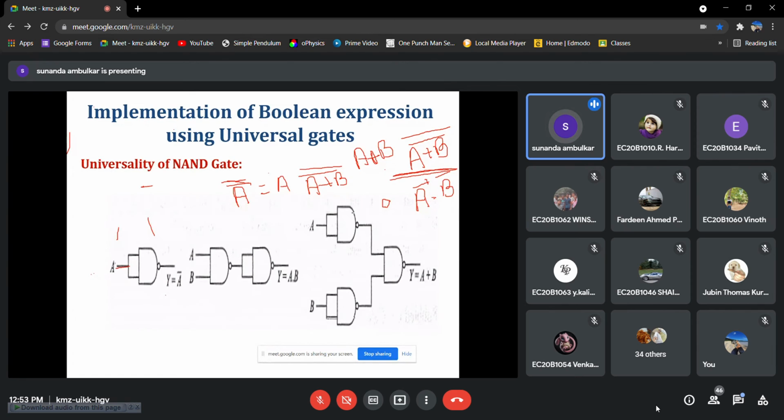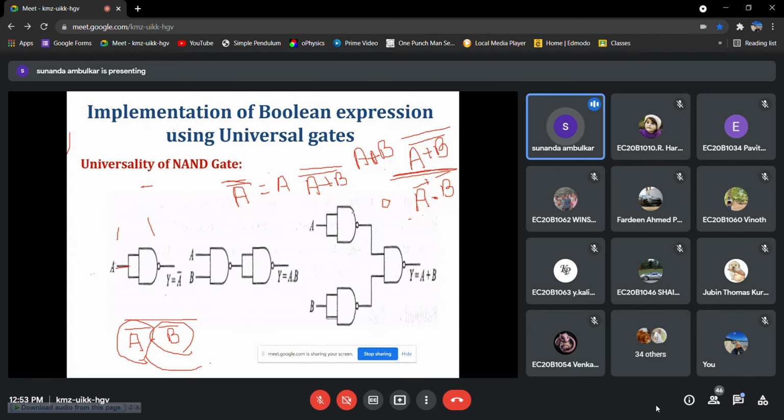Now it is in the form of NAND. Here the expression is A bar dot B bar. Consider this as one variable and this as another variable.